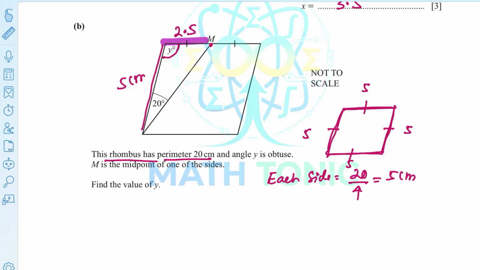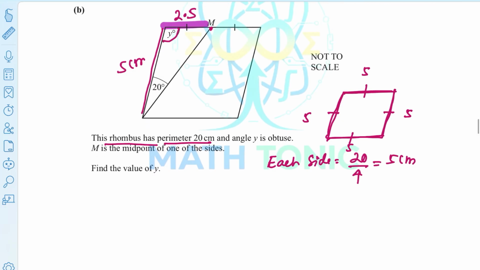What way can we apply to find the value of y? Let me do it this way. See this triangle. If I try to draw this triangle here, it will look like this. This is 5 centimeter. This angle is given 20 degree. This one we need to find out, and this one is given 2.5.